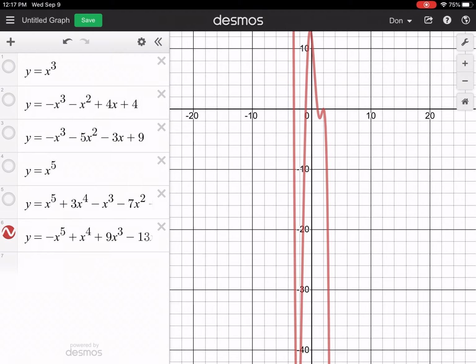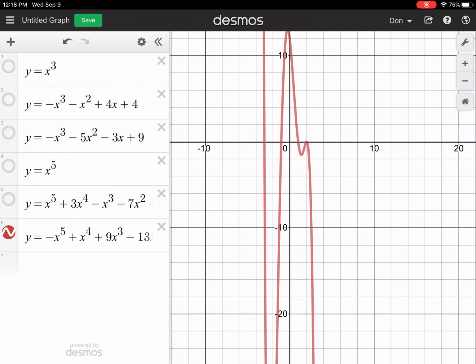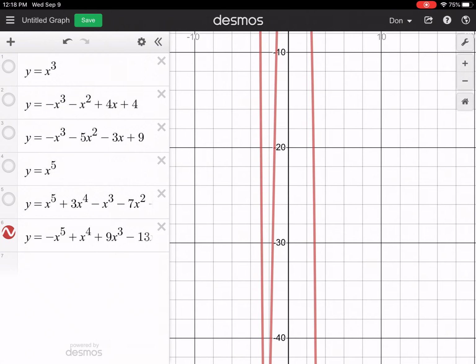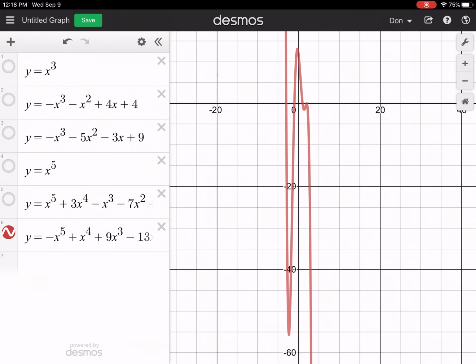So it's got this weirdness going on where it starts in quadrant 2 at the top left, it goes way down into quadrant 3, comes back up into quadrant 2, crosses into quadrant 1, does a little zigzag at around the point 1 on the x-axis, and then heads down to finish up in quadrant 4. And it looks like it goes on forever into quadrant 4. And so that one does this really roundabout route to get there from quadrant 2 to 4, but it does end up there.